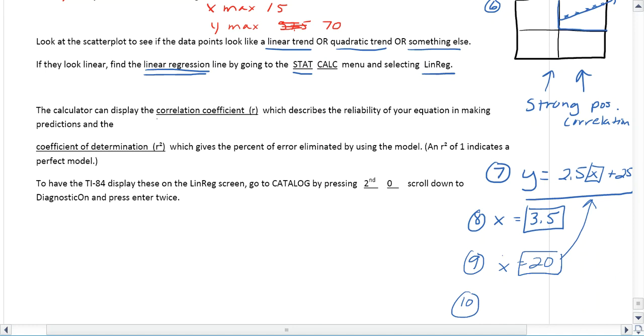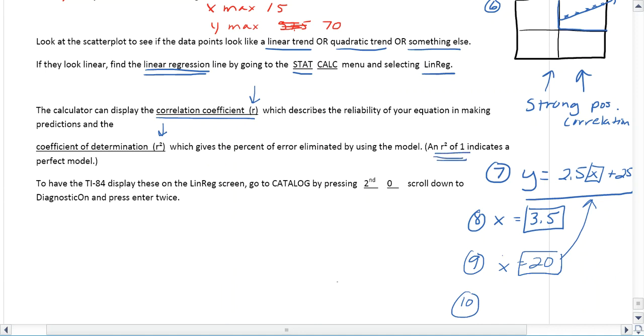Your calculator can display this correlation coefficient, which the calc calls R, and it describes the reliability of your equation in making predictions. In other words, how tightly clustered are the points to your line. The calculator will also give you the R squared, which gives the percent of error eliminated by using the model. Like I said, if your R squared is 1, you have a perfect model.